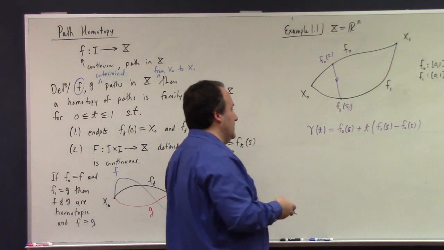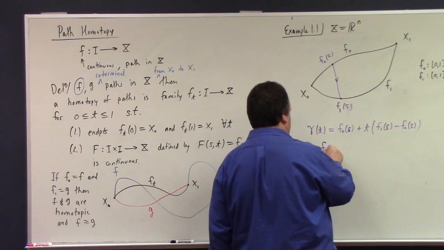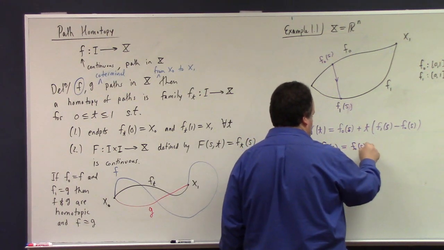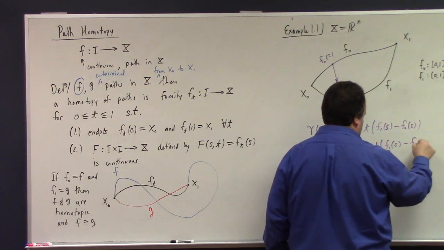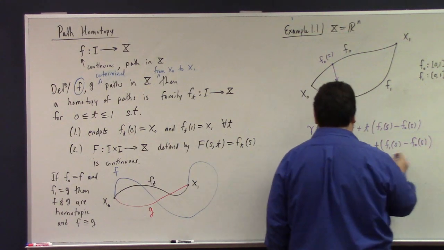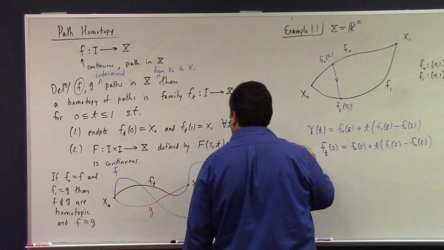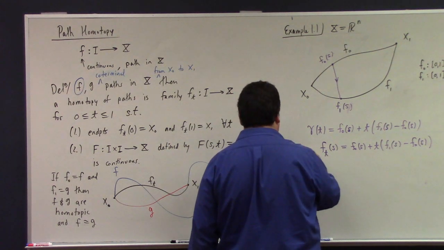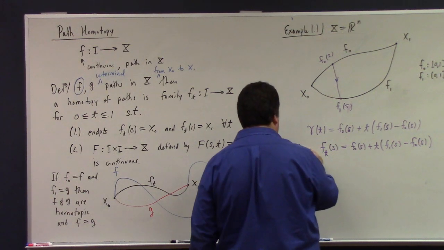And so you just say f sub t of s is equal to f naught of s plus t times f1 of s minus f naught of s. And there's your homotopy, F of s comma t.